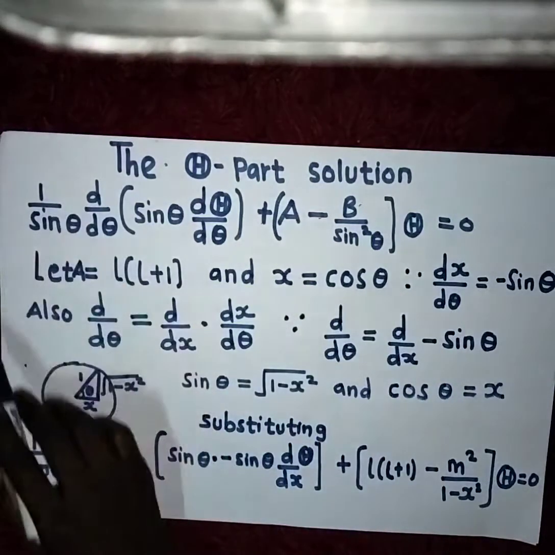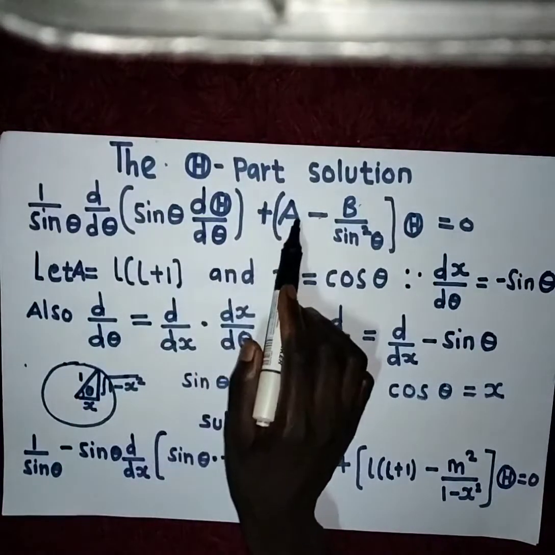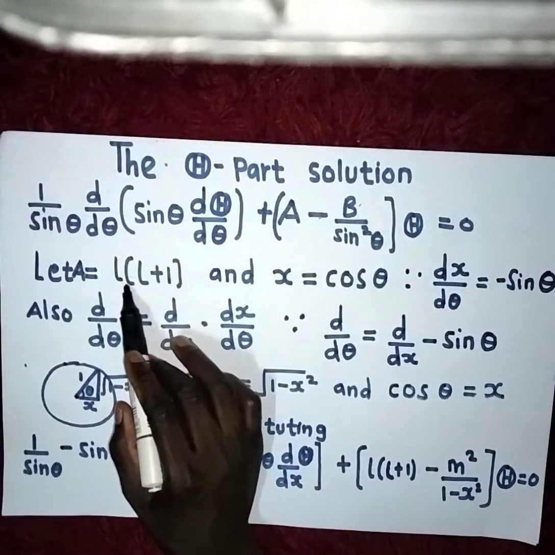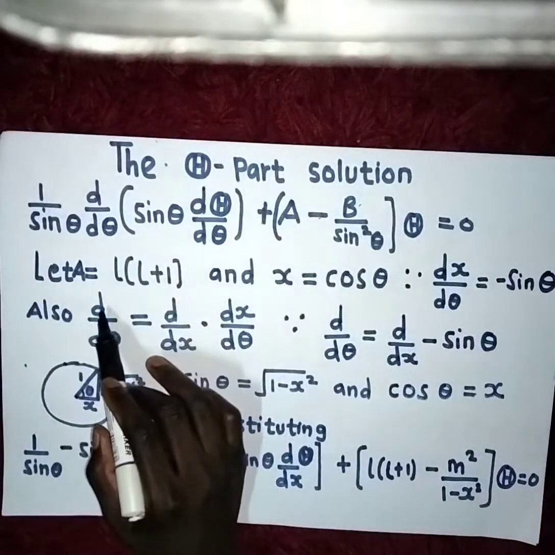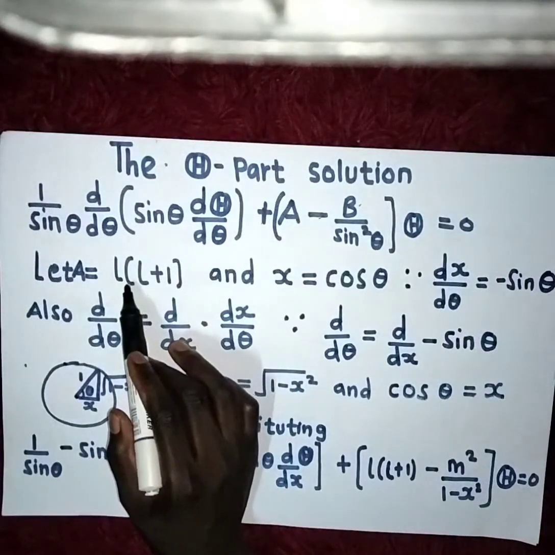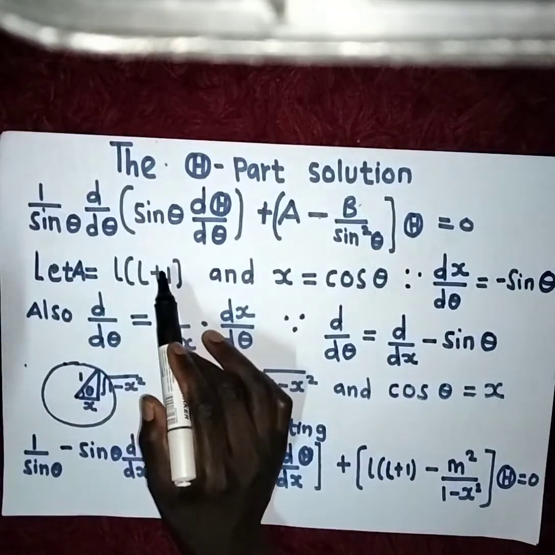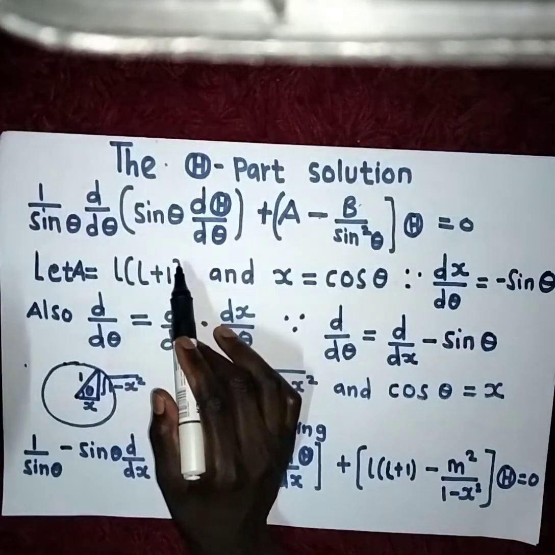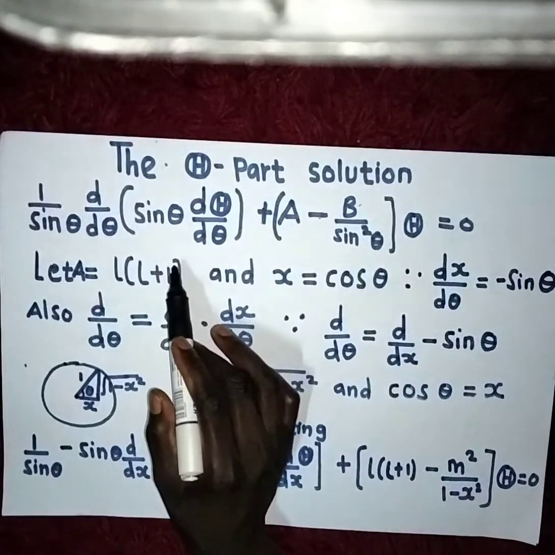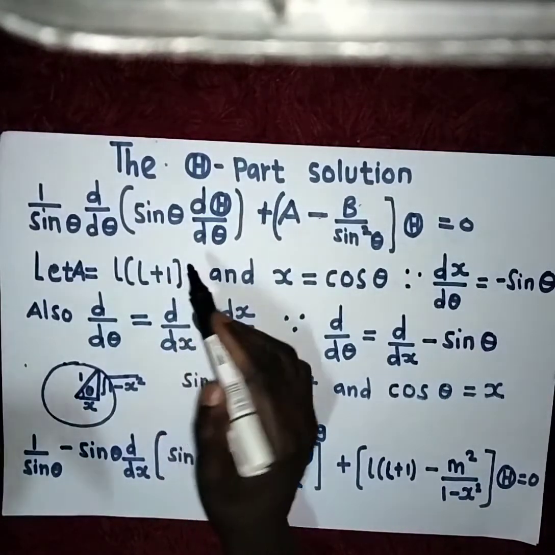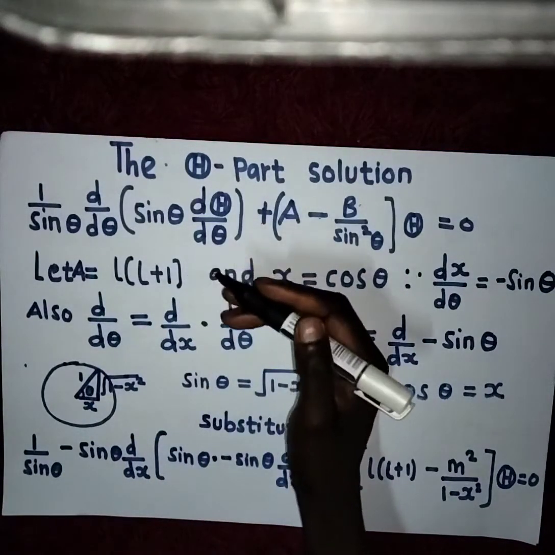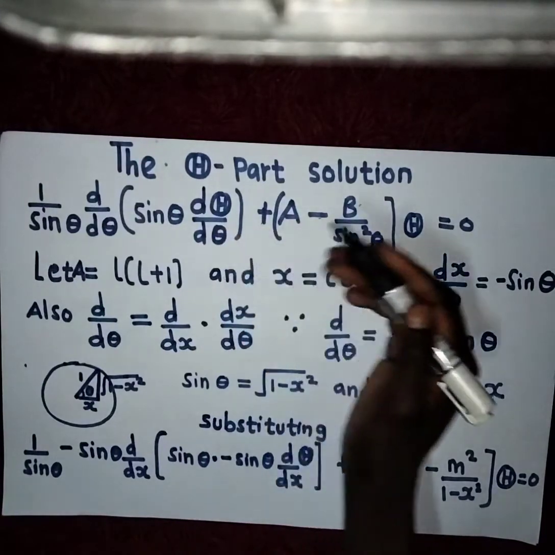So the first thing I do, let a be L into L plus 1. And L is just the quantum number. M, which we introduced for the phi part, is also a quantum number. After doing this, we are going to talk of those quantum numbers.